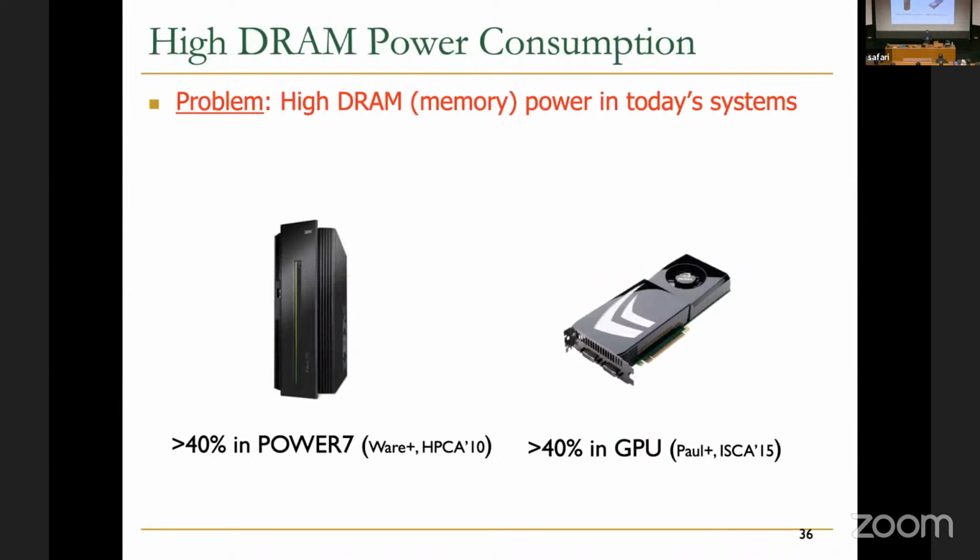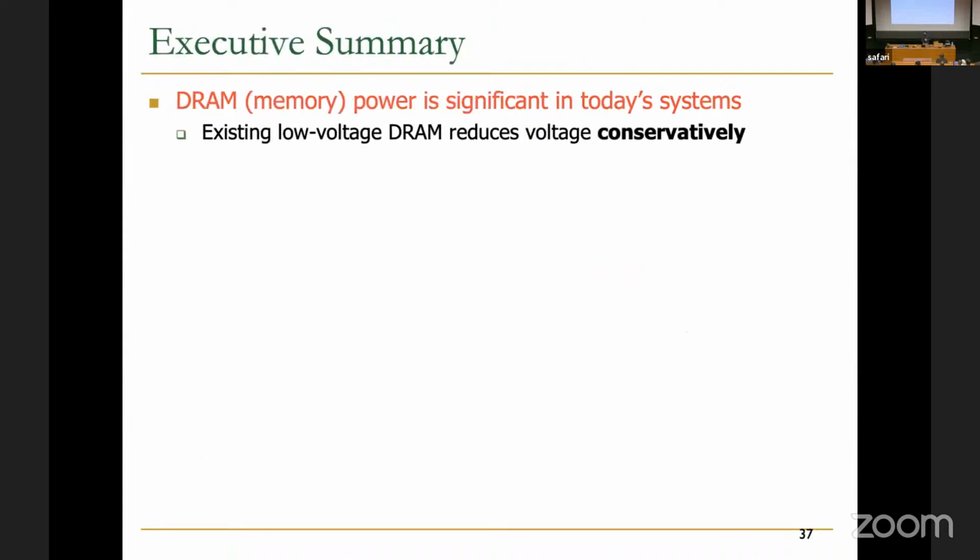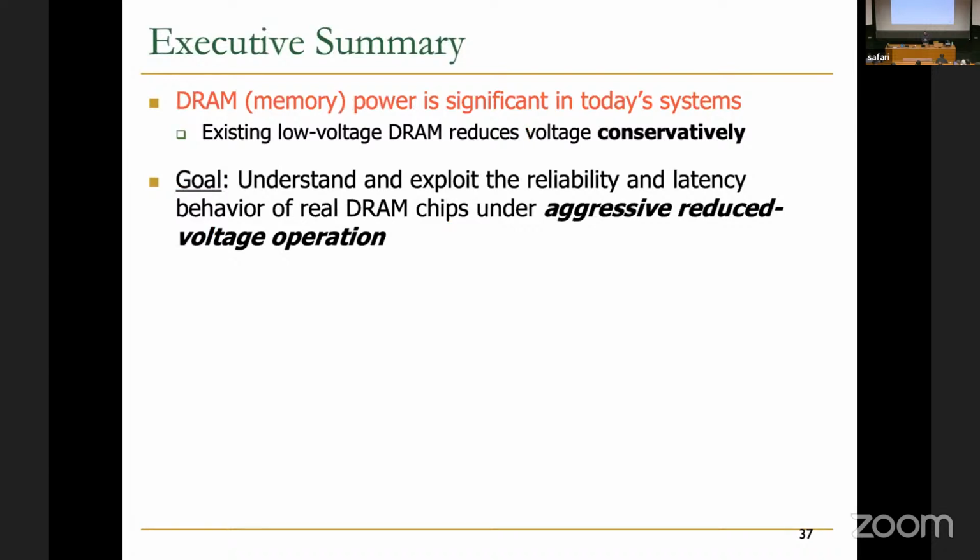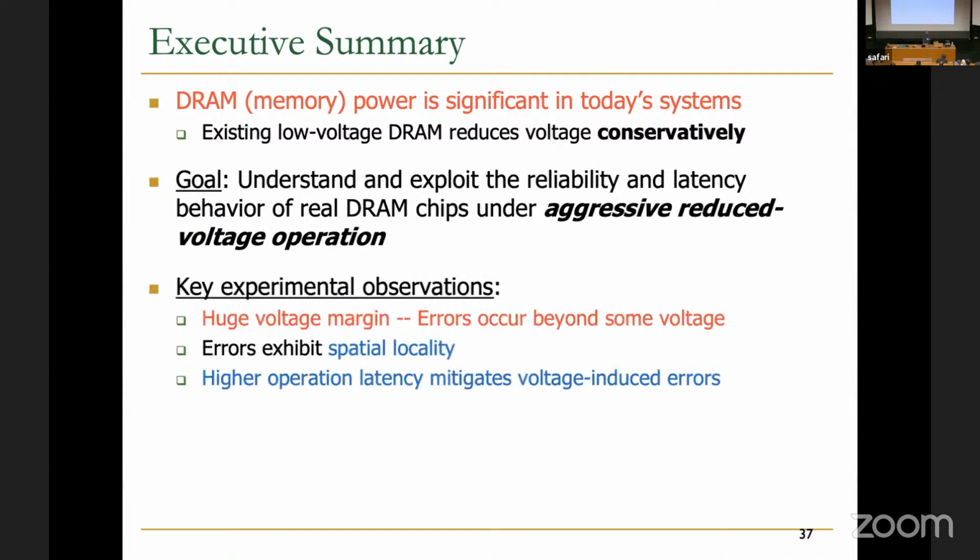The main motivation of this paper is that DRAM is a large power consumer in modern systems, and low voltage DRAM reduces voltage quite conservatively to save energy and power. Our goal here is to understand the heterogeneity and exploit the reliability and latency behavior of real DRAM chips under aggressively reduced voltage operation.